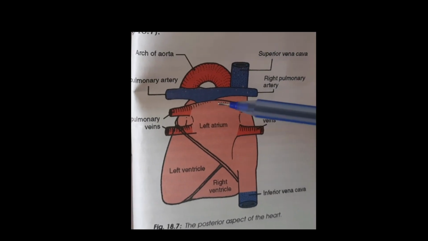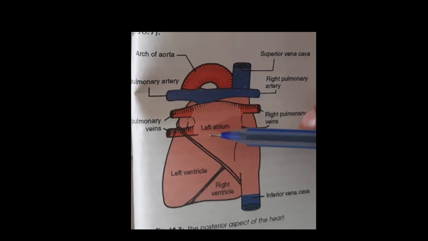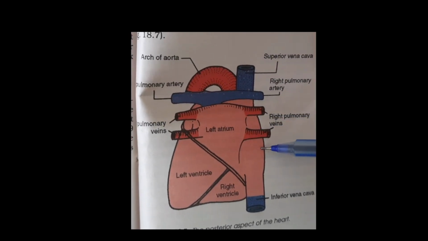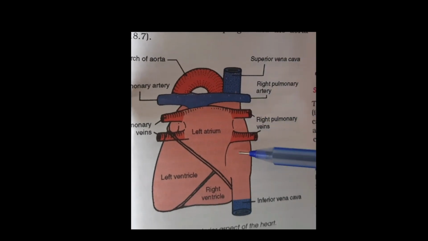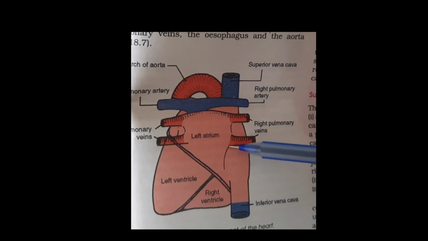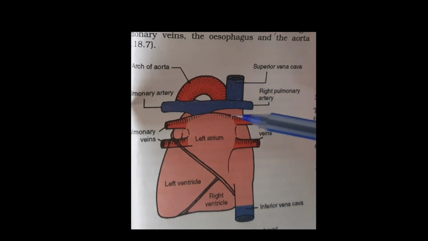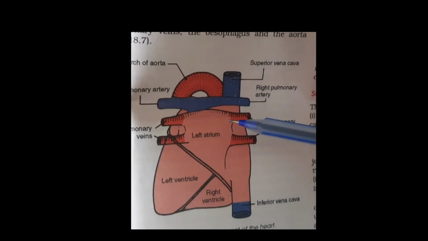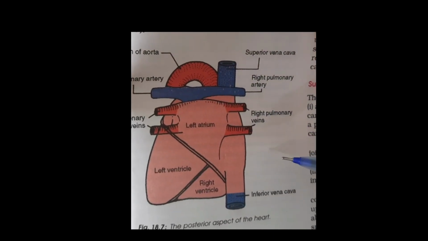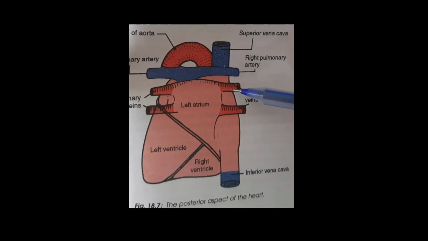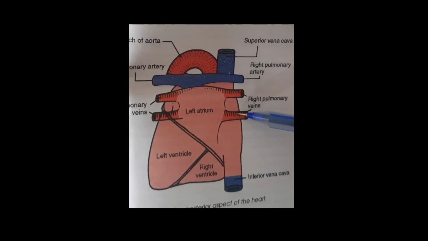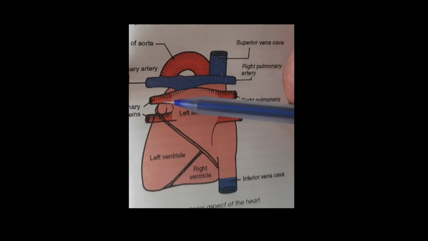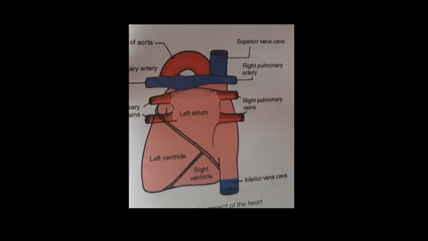Now, the posterior surface, as we know, is made up of the left atrium and right atrium. In between them, there is a faint interatrial groove. In the left atrium, there will be openings of the four pulmonary veins. These are the right superior and inferior, and these are the left superior and inferior pulmonary veins.